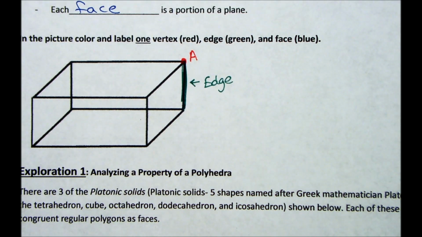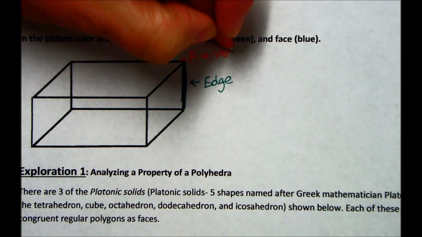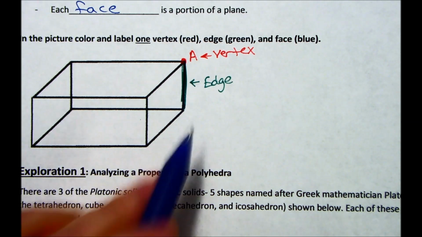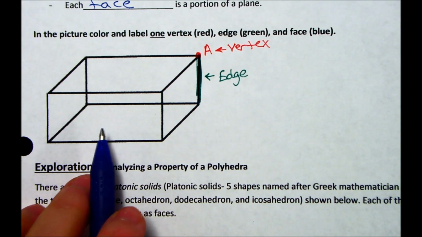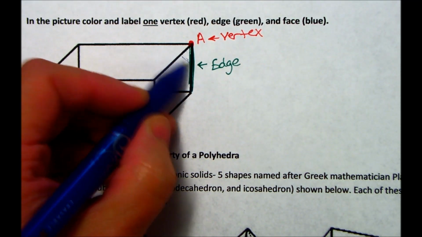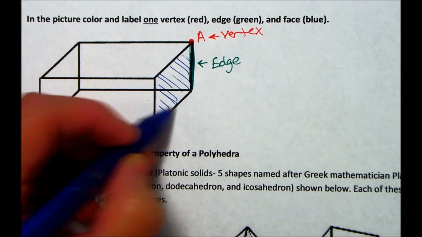And this A is a vertex. And then the third thing we're going to highlight is the face. There are 6 faces on this rectangular prism, so I'm just going to shade in one of the faces on the right side here.